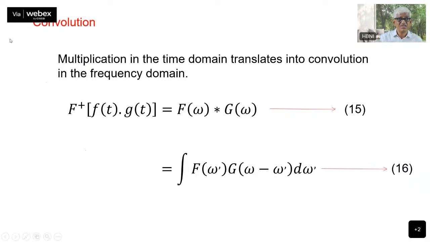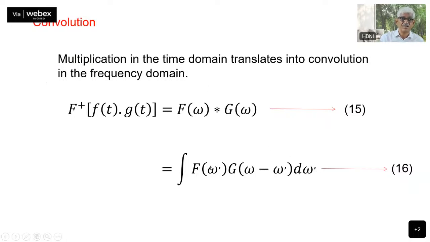Okay, now this is another important theorem, which is called the convolution theorem. This is a kind of manipulation you can do. If you multiply two time domain functions, f of t and g of t, then the Fourier transformation of that is something called the convolution of the two Fourier transforms, the Fourier transform of this and the Fourier transform of that. This convolution is defined in this manner: f of omega prime into g of omega minus omega prime, d omega prime. This is the definition of convolution.